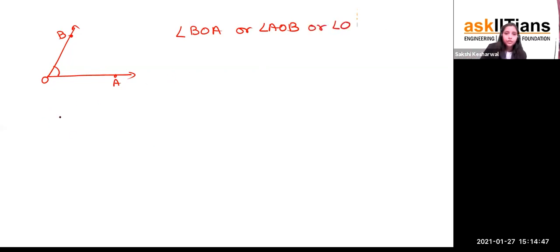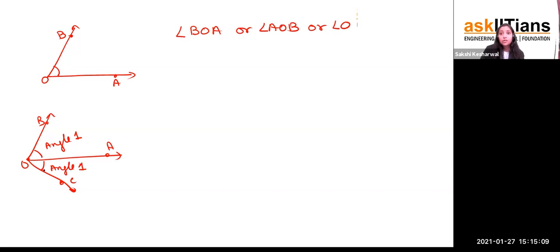But if the figure is made like this, this is O, this is B, this is A, and this is C, there will be two angles, angle 1 and angle 2. So angle O is not written directly as angle O.